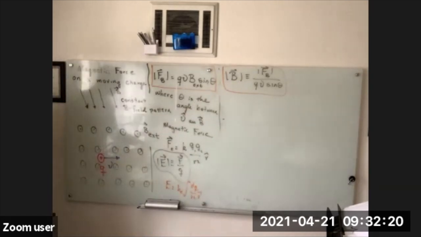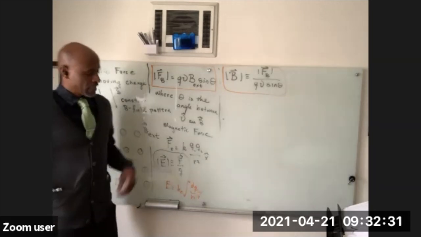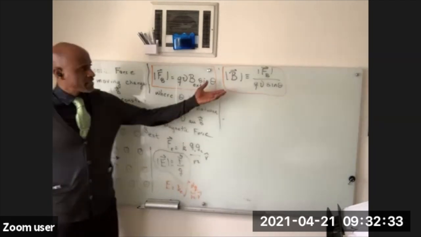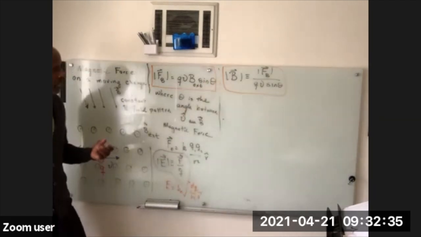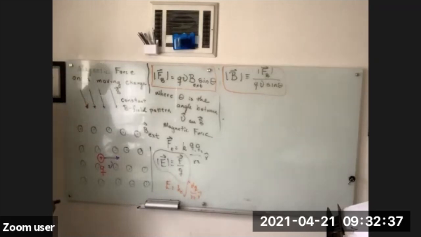There are some differences in how we develop the formula for calculating magnetic fields, but still, technically speaking, in any credible physics book, you would see this as the definition of the magnetic field, associated with the magnetic force on a moving charge. That's all I'll say about that for now.